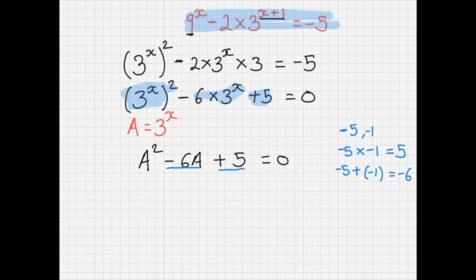So we will use the middle term break now. So we have a squared minus 5a minus a plus 5. Now we can factorize this. We will be left with a minus 5, minus 1, a minus 5 is equal to 0.